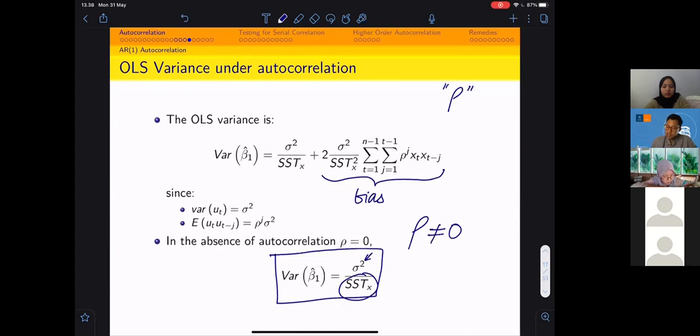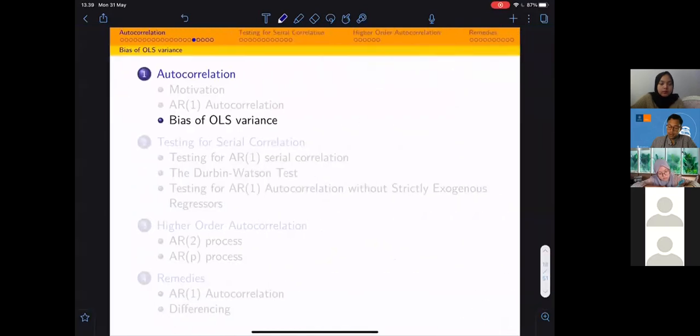Well, it really depends on the value of rho to the power of j, and on the product between xt and xt minus j, for all t as well as for all j. So upfront, we could never tell whether we're going to have an upward bias or a downward bias. It's going to be affected by those different products.